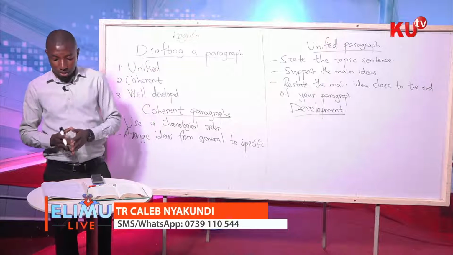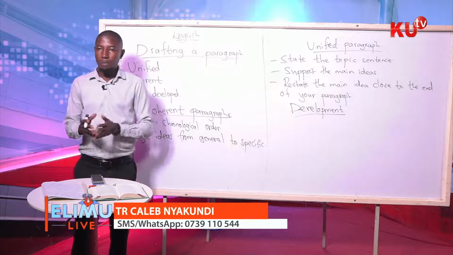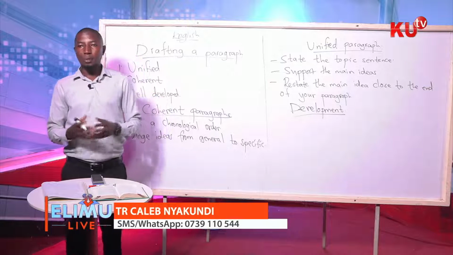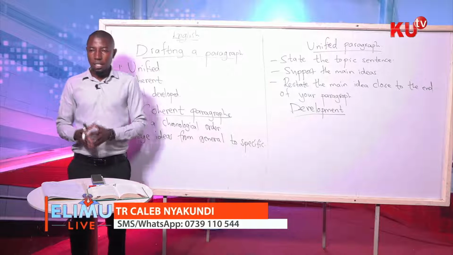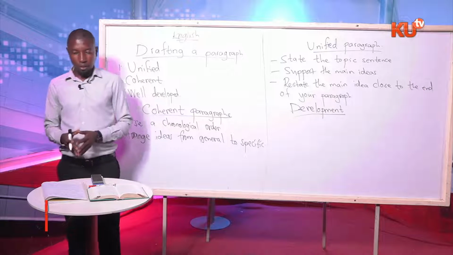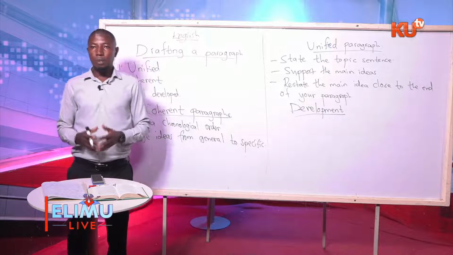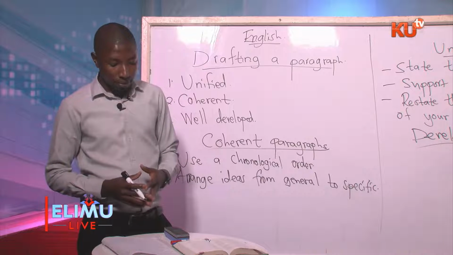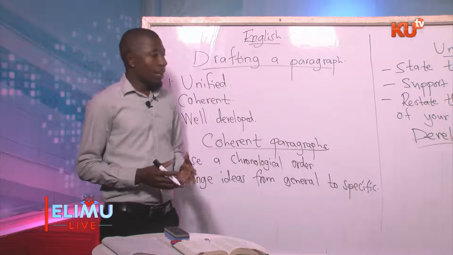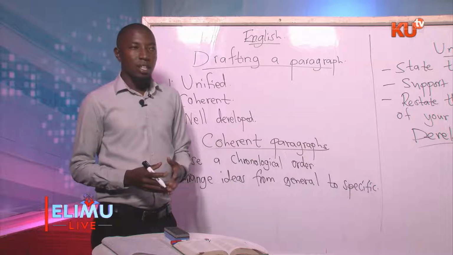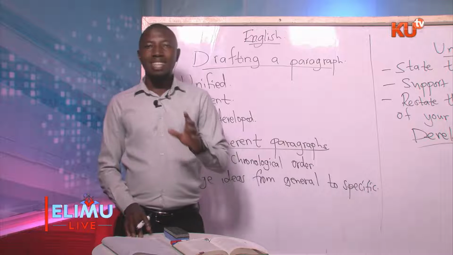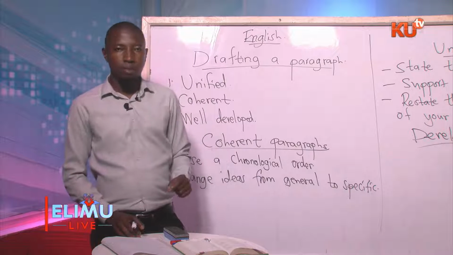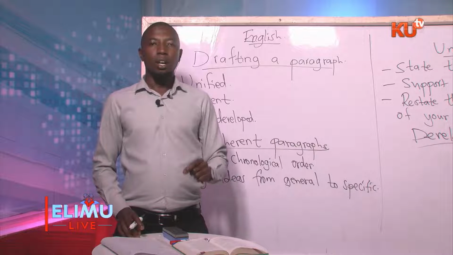And the third is well developed. So, development of a paragraph. I'm going to inform you that development is really created by how well each sentence in that paragraph relates to the main idea.